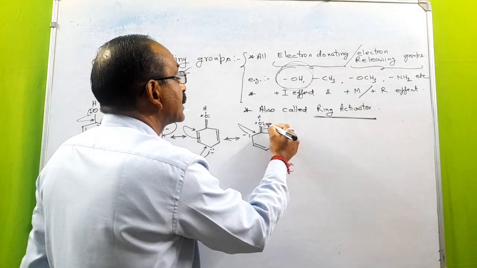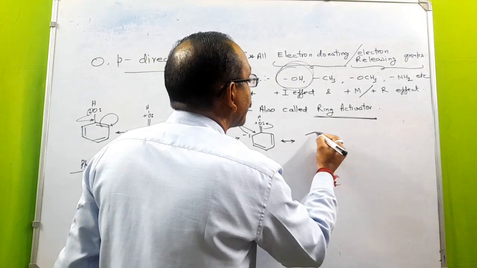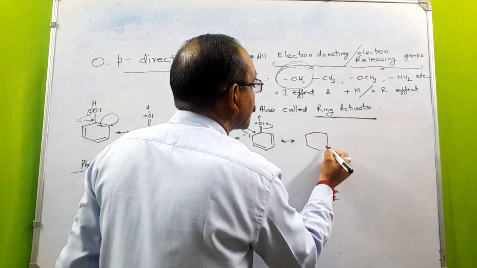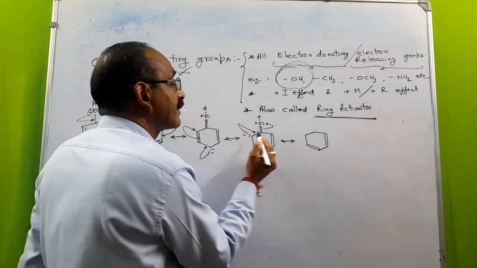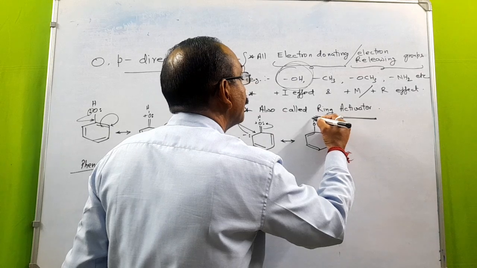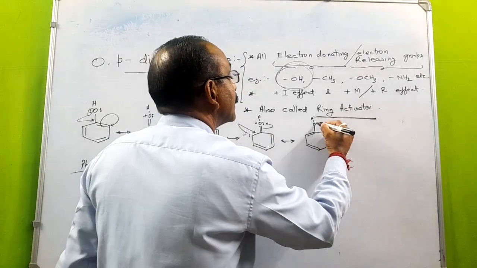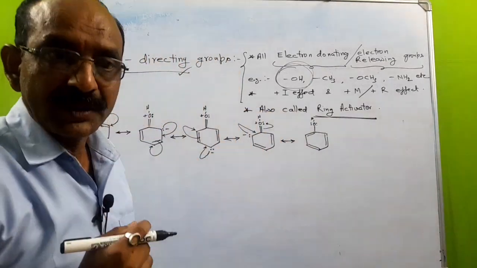Now, these electrons will shift over the oxygen and we'll get another resonating structure. Here, double bond, double bond. As these two electrons shifted here, a double bond will form here. Now, a single bond will be left in between the ring and oxygen. And now, at the oxygen, there are two pairs of electrons.